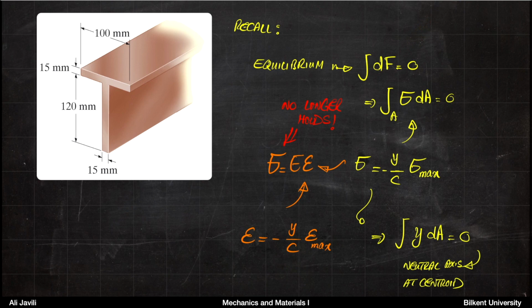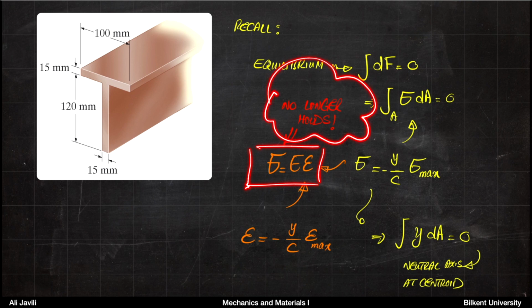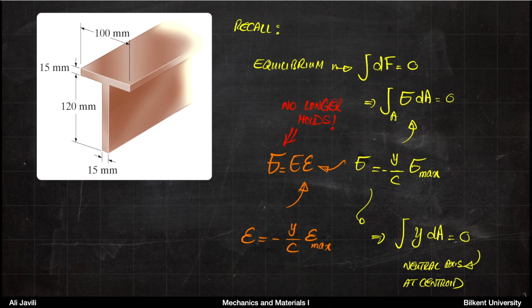Now, in that equilibrium equation, we used the linear distribution for stresses, which came from the linear distribution of the strains, and that was only valid if we had an elastic relationship between stress and strain. But this relation no longer holds, so we cannot use that. And basically that means the conclusion we had previously doesn't hold.